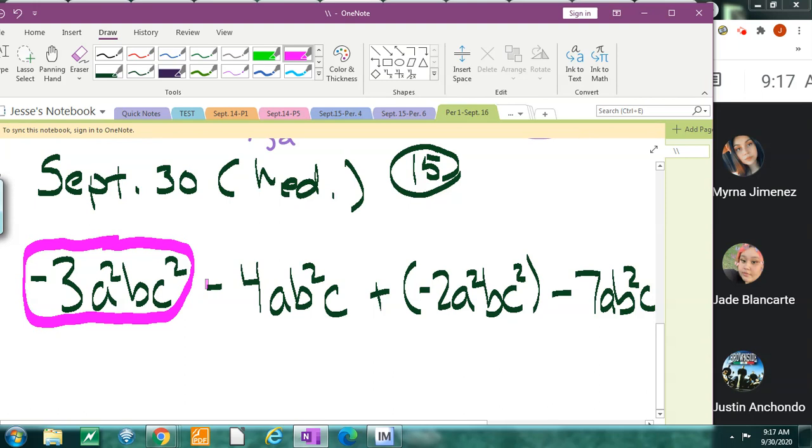Which term is similar to the one I circled? You're just guessing all of them. Can you just look at the term? A squared b c squared. Which one is the same?